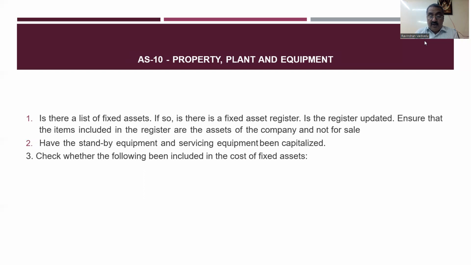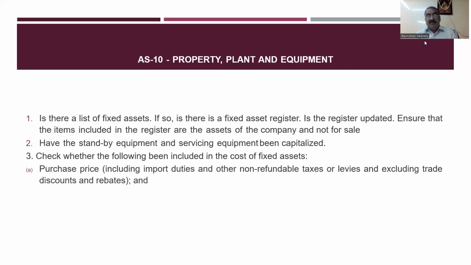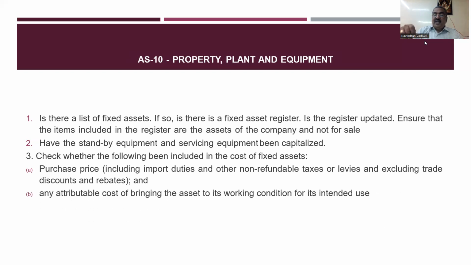Check whether the following are included in the cost of the assets: purchase price, including import duties and other non-refundable taxes and levies, and excluding trade discounts and rebates. Normally, sometimes we add the installation cost to the purchase price, and even freight we consider as part of the purchase cost of the asset.